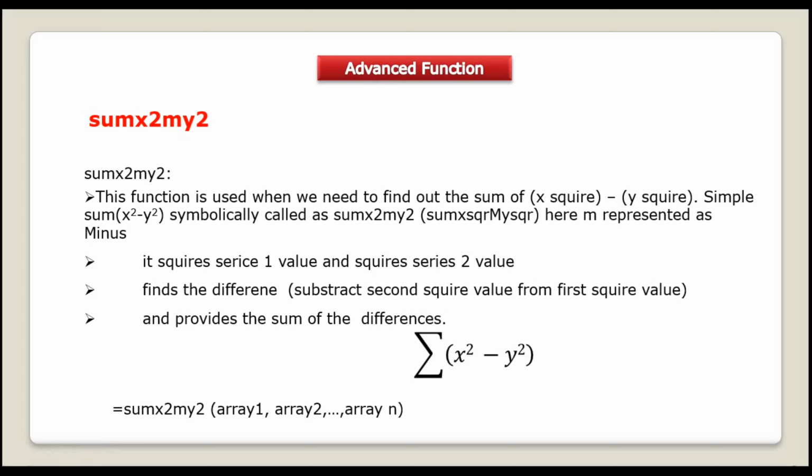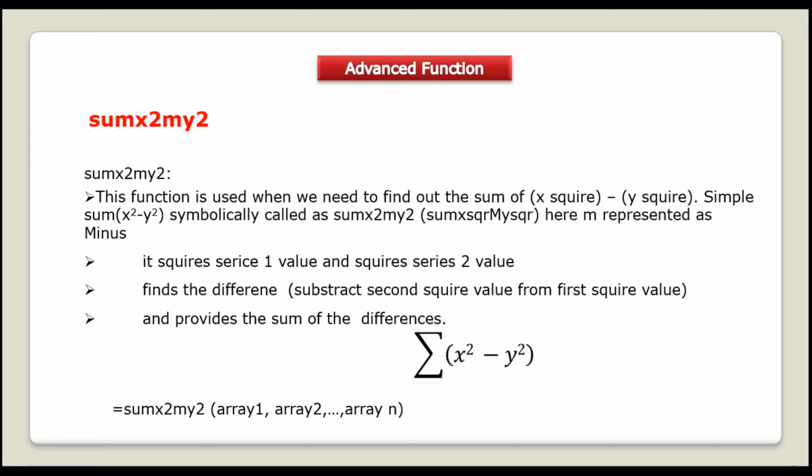Series 1 is the x values, and series 2 is the y values. Later it finds the x squares from the x series and the y squares from the y series. Then it finds the difference between the x square values and y square values, and the differences are added, which is simply called the sum.